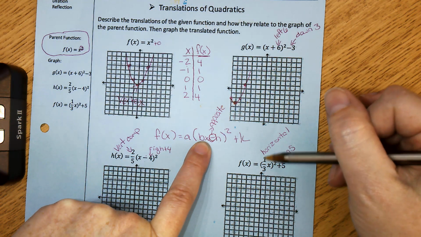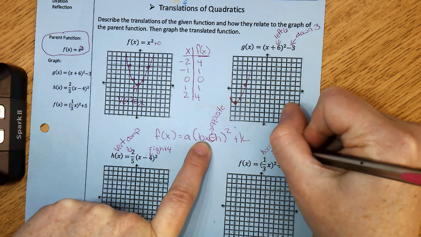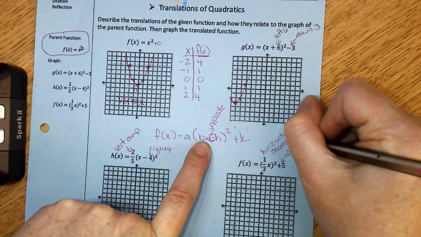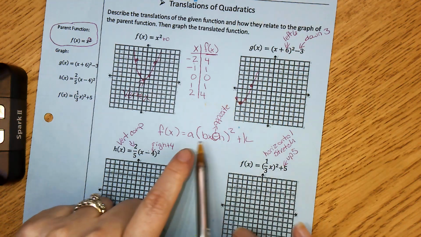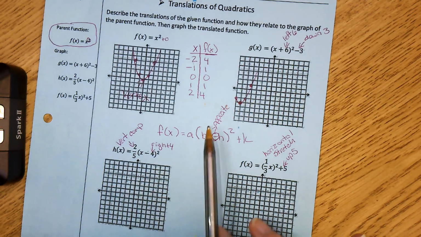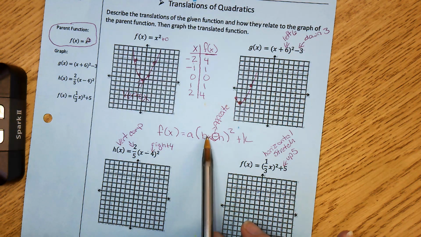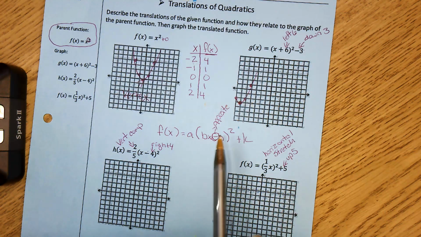So it is a fraction less than 1, but this time we are a horizontal stretch. Remember, each of the numbers tells you something different, based on where it is located, inside the parentheses or outside the parentheses, and how it affects the graph itself.